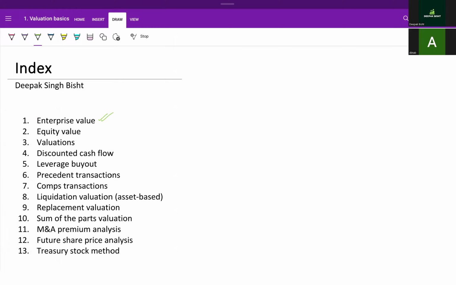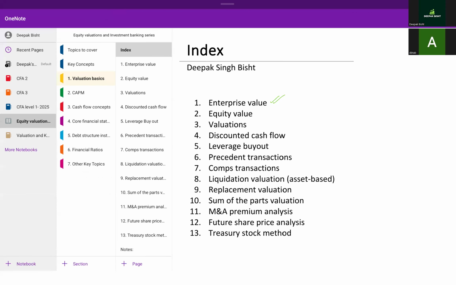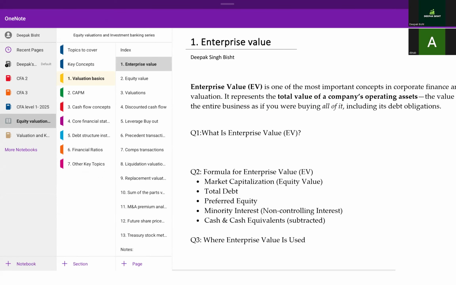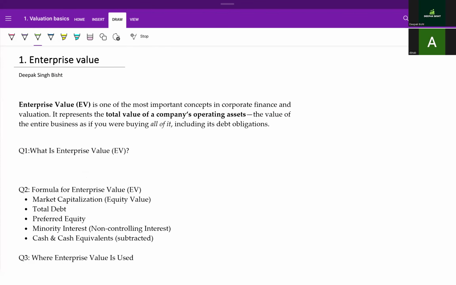There are going to be 13 topics which we are going to cover in the valuation basics. And the first topic is enterprise value. So what actually is an enterprise value? Today we are going to discuss that only.